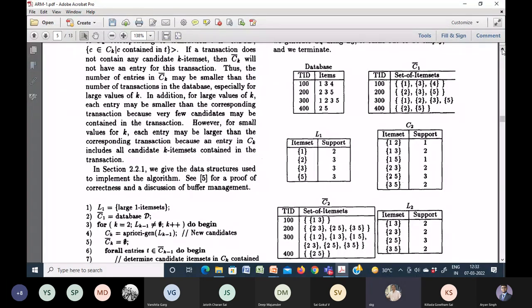So if a k item set has a support crossing the minimum support, all its subsets will also satisfy the minimum support. But the other way is definitely not true, right? Here, if I have the 2 item set {1, 2}, the support in the database is 1.